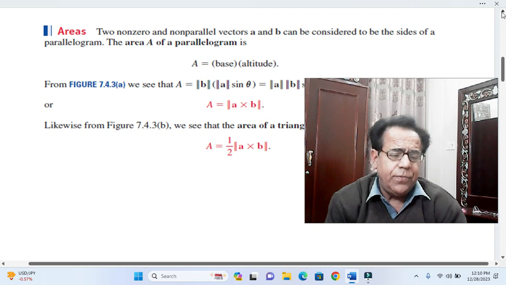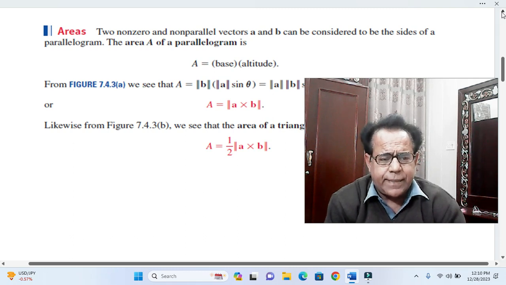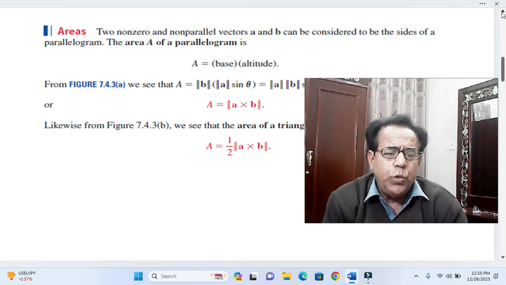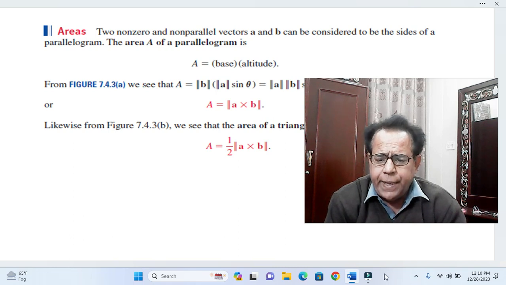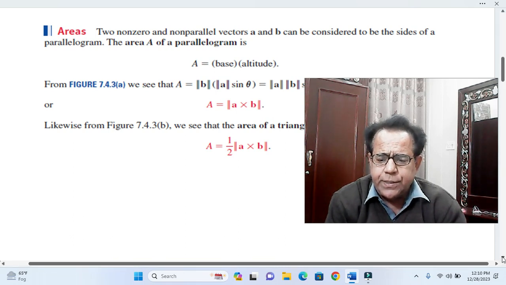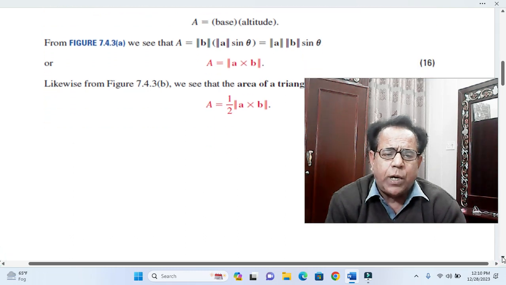Okay, we read the whole text. Areas: two non-zero and non-parallel vectors A and B can be considered to be the sides of a parallelogram. The area A of a parallelogram is base into altitude.